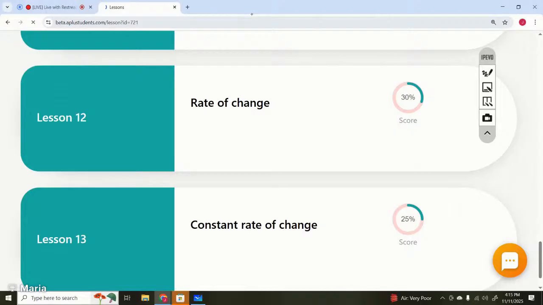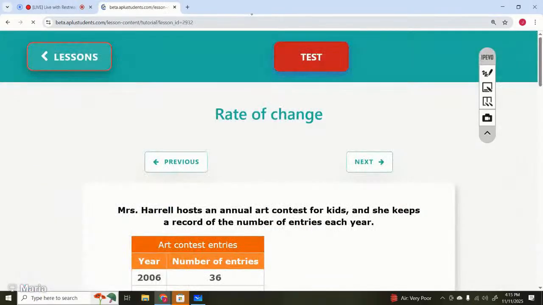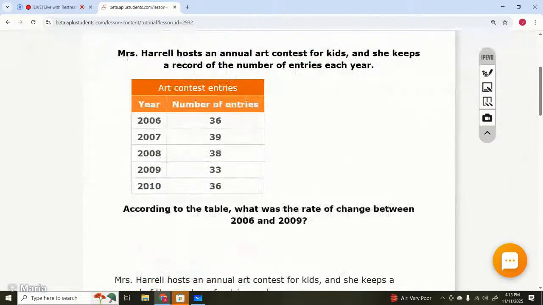Rate of change. Mrs. Harrell hosts an annual art contest for kids, and she keeps a record of the number of entries each year.